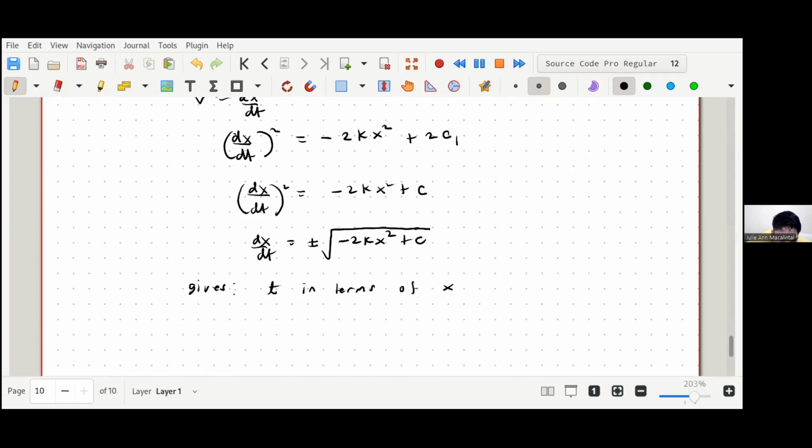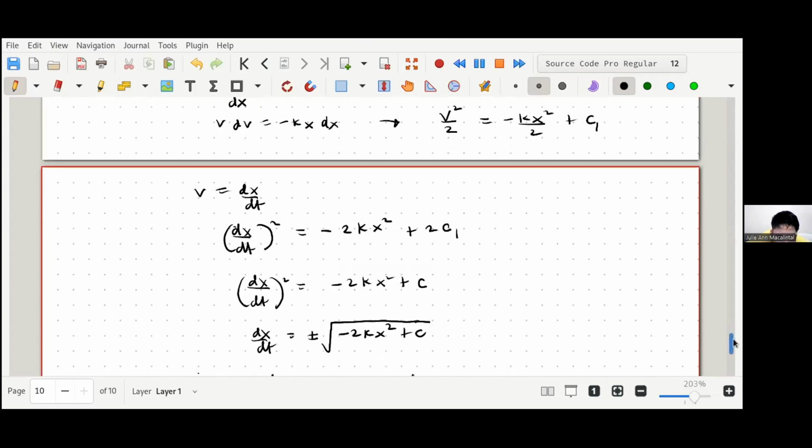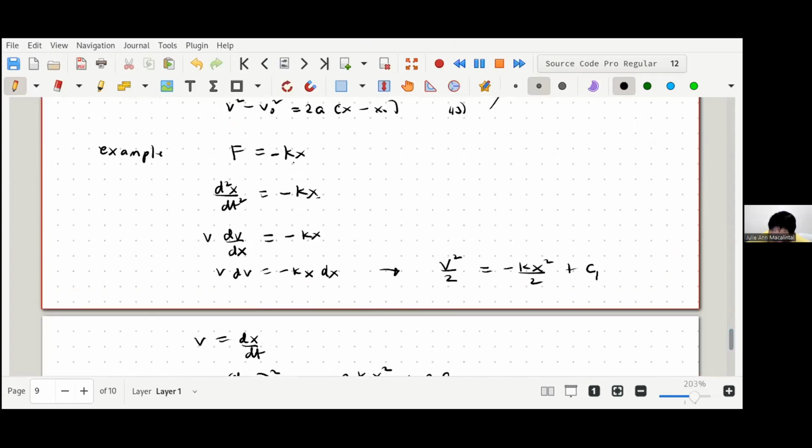Kasi ano ba examples ng forces na kx? Spring. So later, when we deal with forces due to springs, we will encounter this. Tapos, yung method for solving this, actually, this is not the best method for solving this. The best method is to guess the solution.